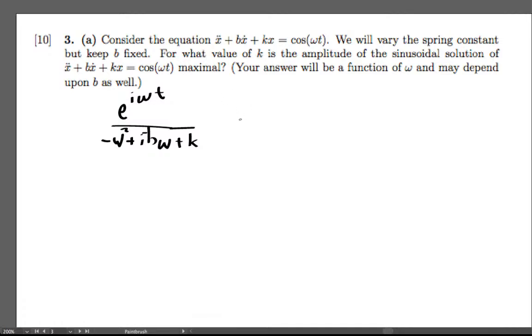Therefore, I want to figure out the real value of this entire thing. Basically, you can just rationalize the bottom one there.